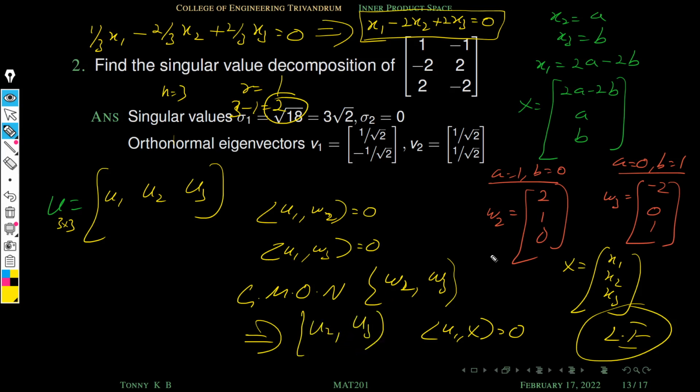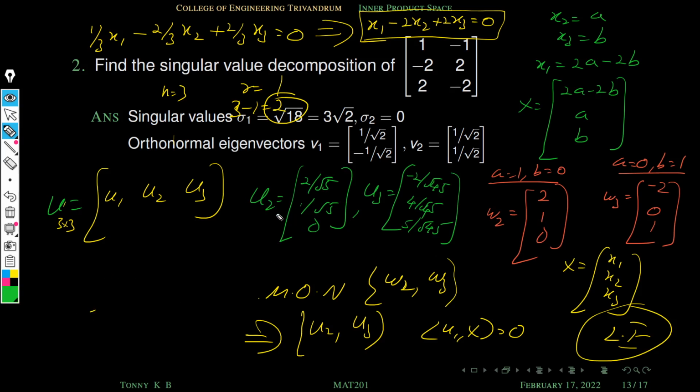By applying Gram-Schmidt on w2 and w3, u2 equals 2 by root 5, 1 by root 5, 0, and u3 equals minus 2 by root 45, 4 by root 45, and 5 by root 45.